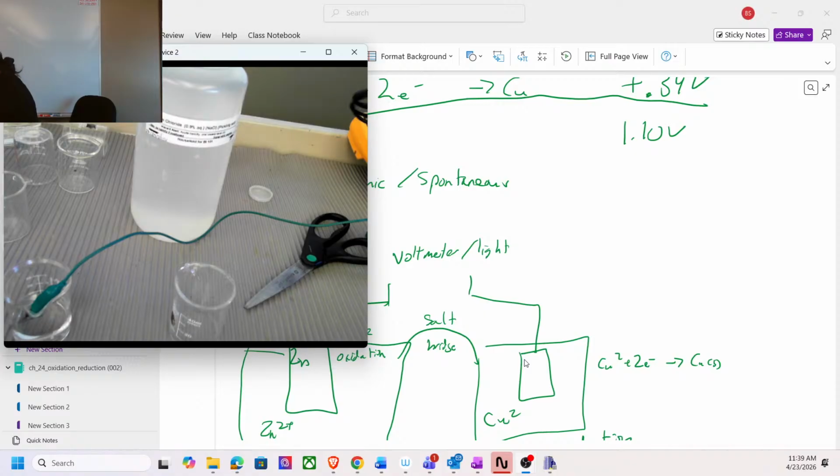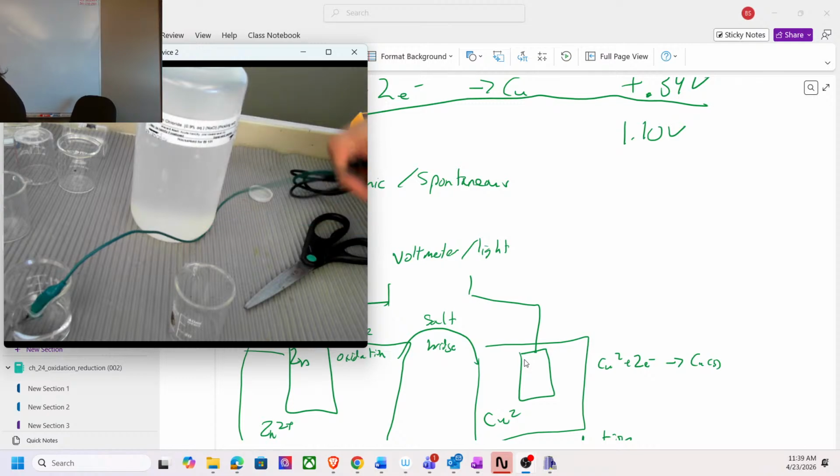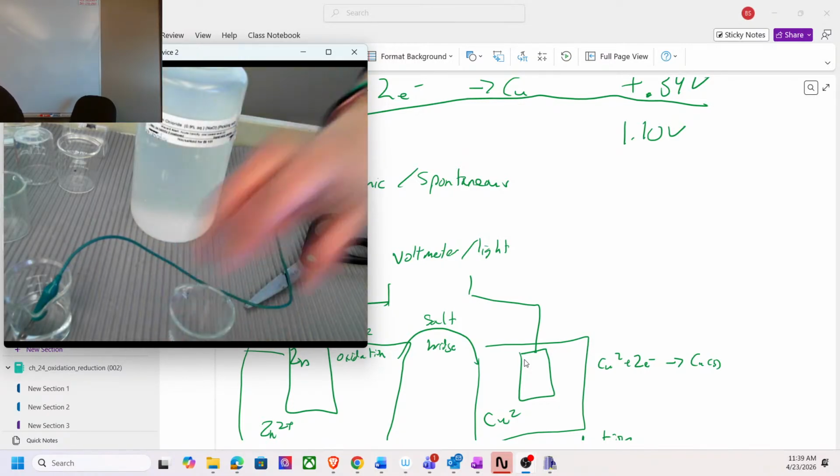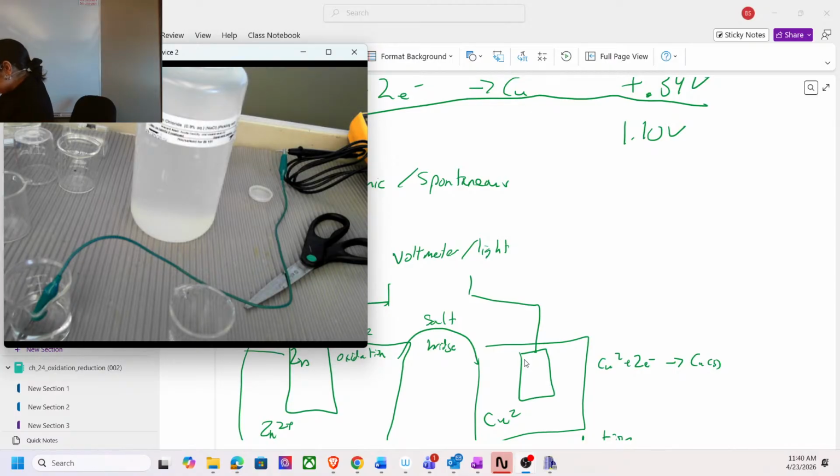Just exposing these tips, they're pretty small. And we'll see if I hook it up backwards. Sometimes I do that. All right, so copper, metal.